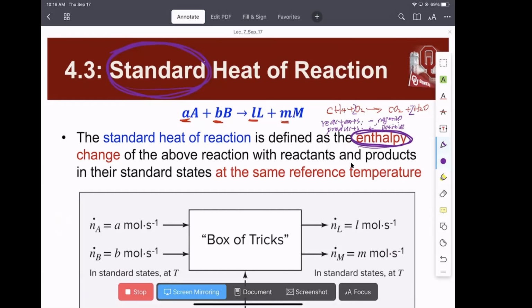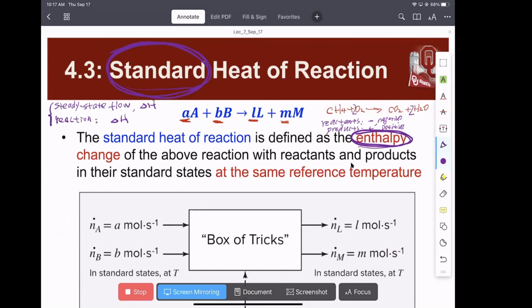One is the steady state flow process, where we need to use H or delta H. Here, if we are having reactions, we need to use delta H. It's not the internal energy change.